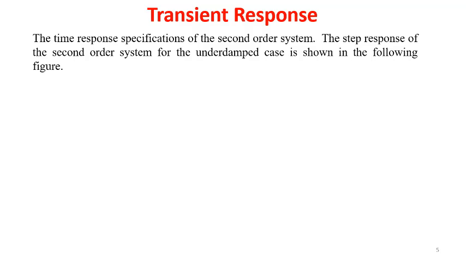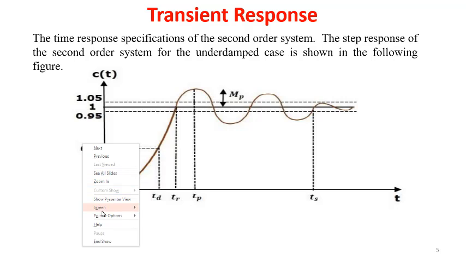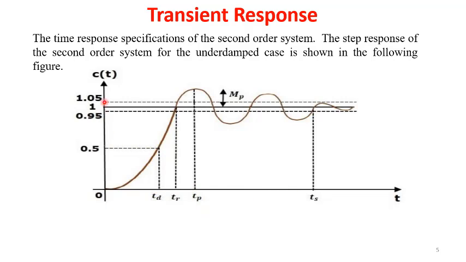The time response of a second order system for an underdamped case is shown in the figure below. Here we can see the figure of an underdamped second order system step response. We have two axes: one is related to the output, that is C(t), and the x-axis, which is a function of time.